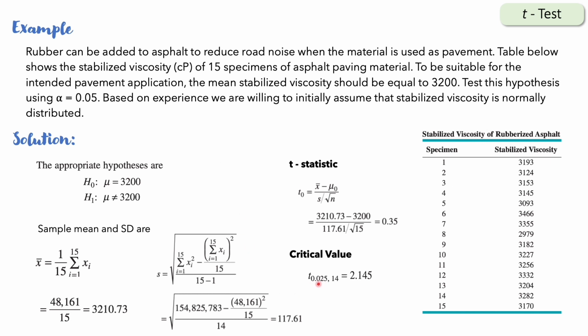This is alpha divided by 2. Alpha was equal to 0.05, then alpha divided by 2 will be equal to 0.025, and this one is n minus 1. N is 15, minus 1 is 14. So these are the degrees of freedom, and from the table of t distribution we can get this value, 2.145. This is the critical value.